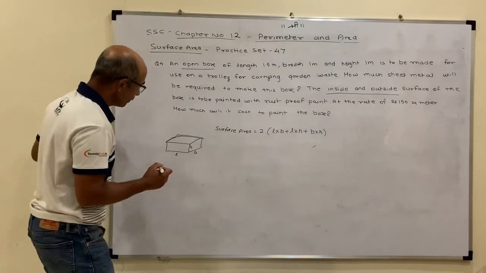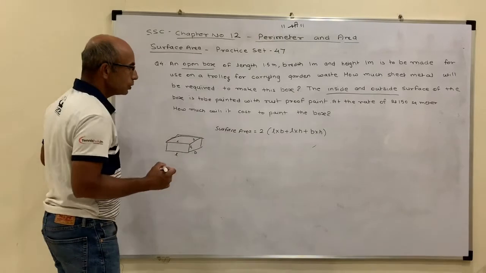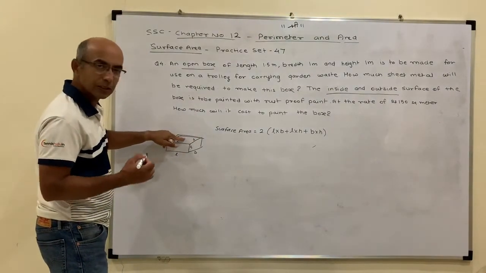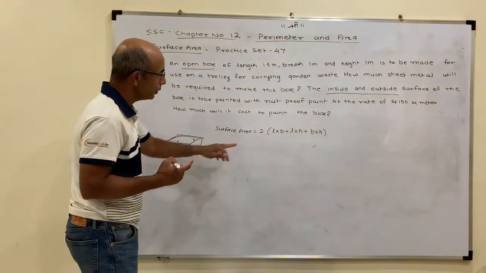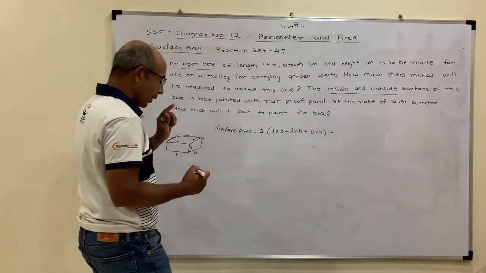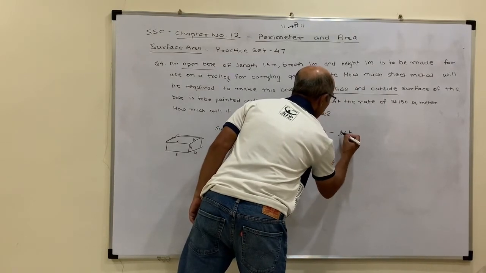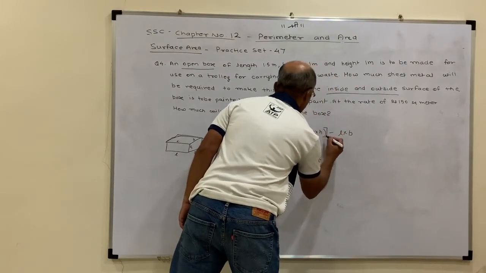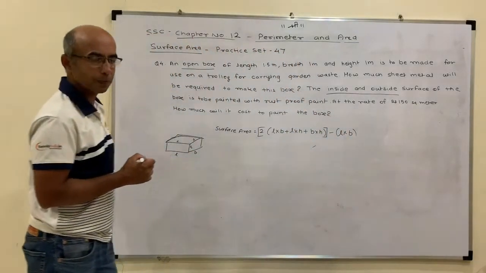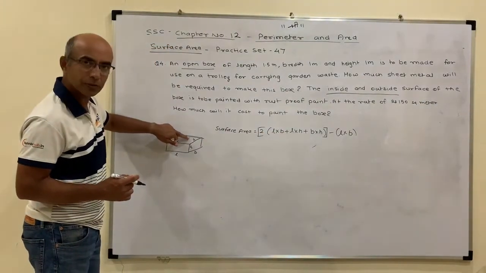Now in this particular, this is the length and this is the breadth. So since the top portion is open, this won't come twice. So what I am going to do here, I have considered it twice. So now I subtract once length into breadth. Since I subtracted, the one which was extra I subtracted.